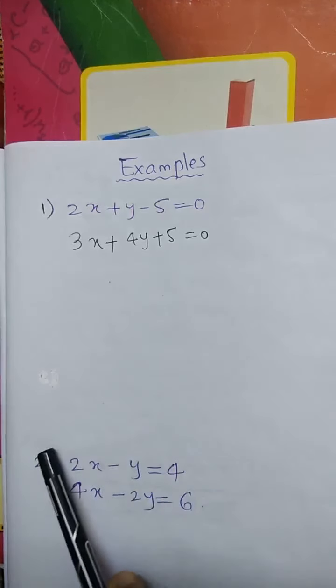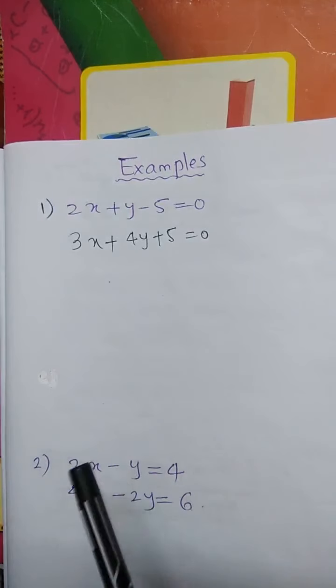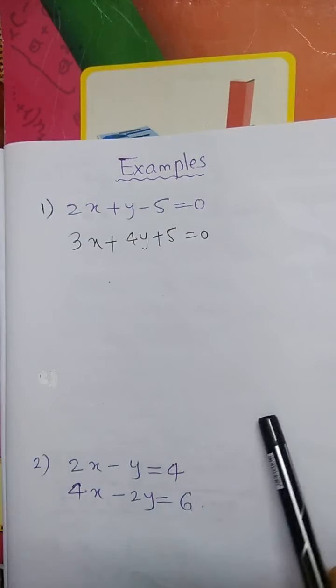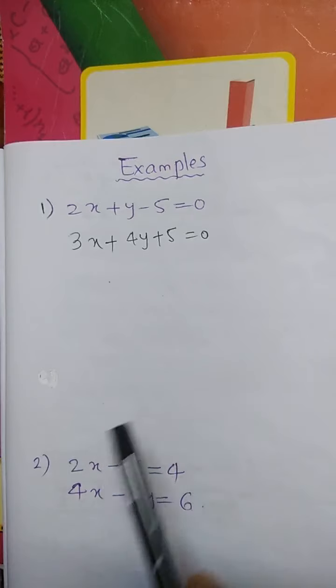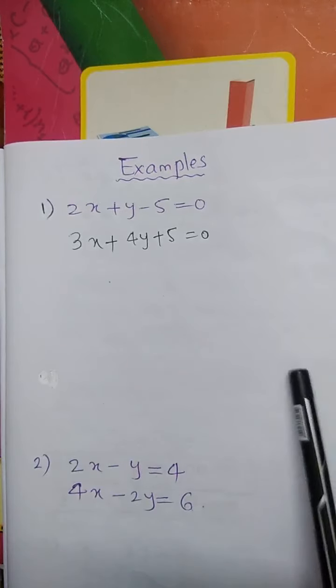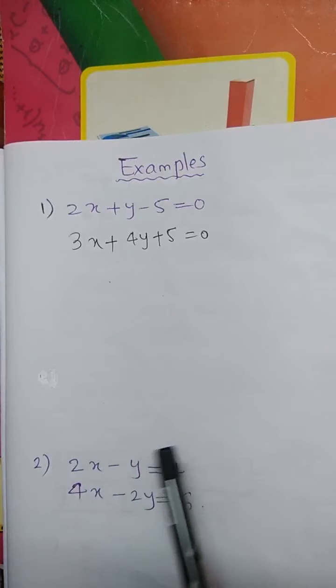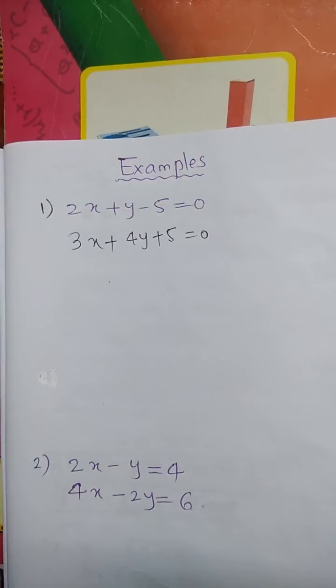You remember I just told you: a1 upon a2 not equal to b1 upon b2 means they are intersecting lines. a1 upon a2 equal to b1 upon b2 but not equal to c1 upon c2 means they are parallel lines. If a1 upon a2 is equal to b1 upon b2 is equal to c1 upon c2, then they are coincident lines. So let us check what ratio is given.